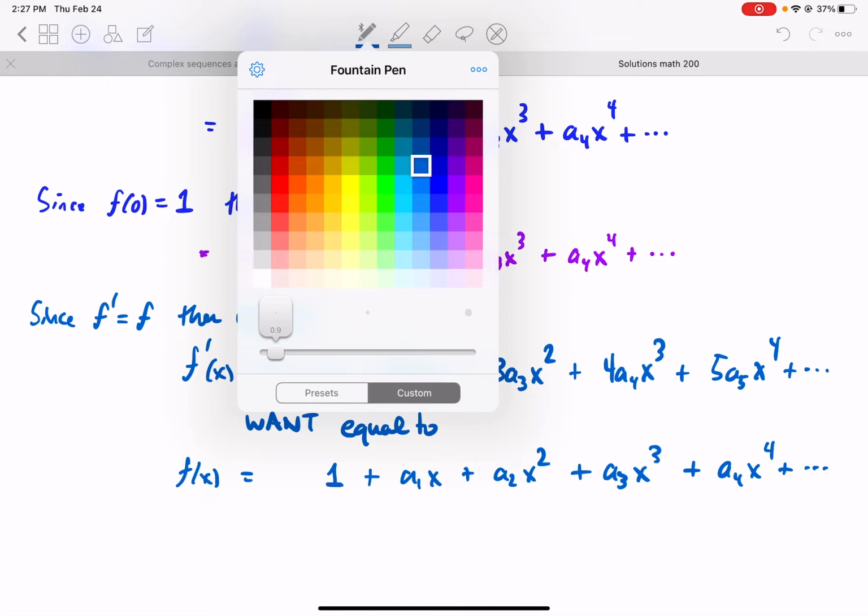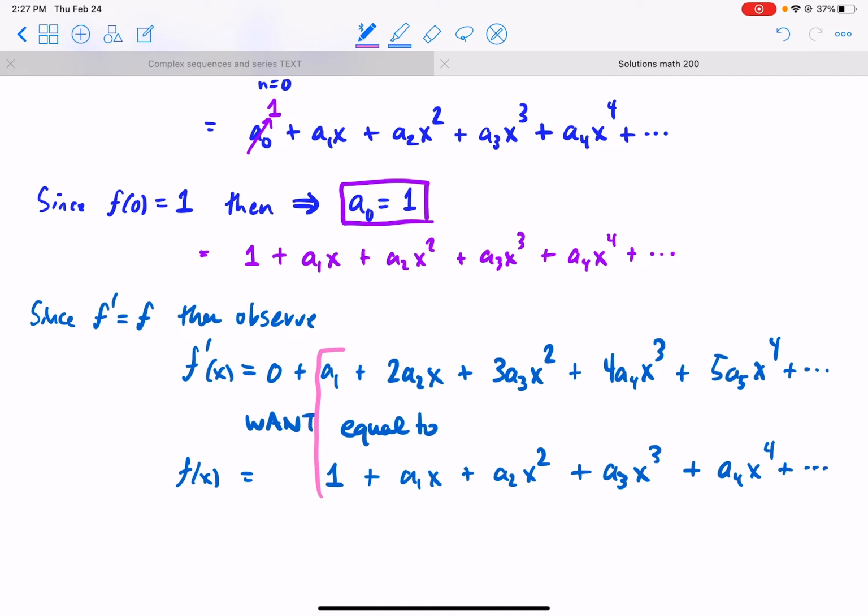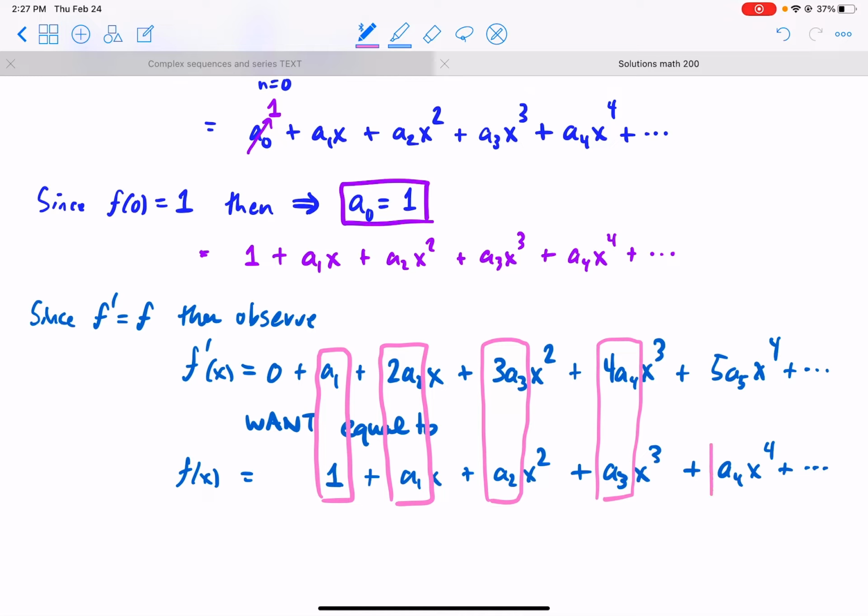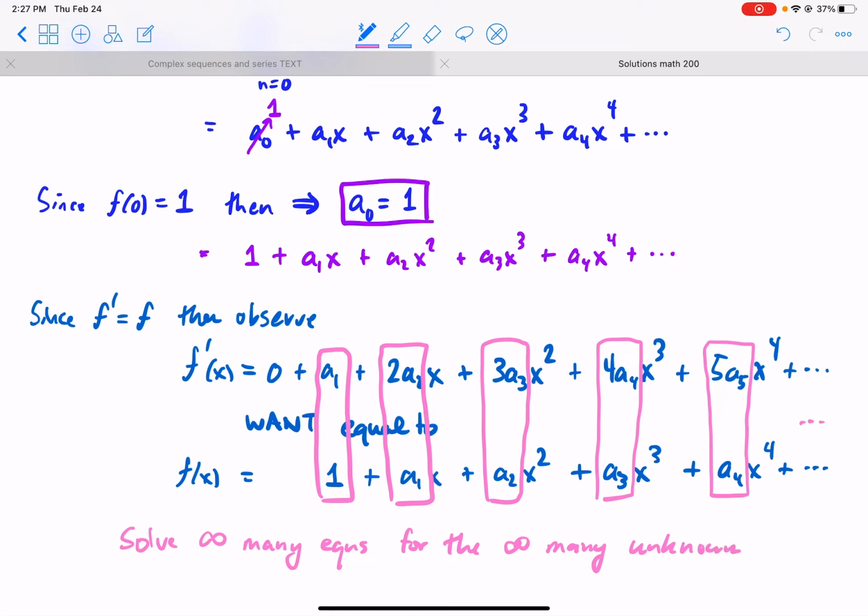And so we just observe that, look, this forces a1 to be 1. And then that's going to force these things, and we're going to get infinitely many equations. And I think we'll be able to solve infinitely many equations for the infinitely many variables, unknown coefficients.